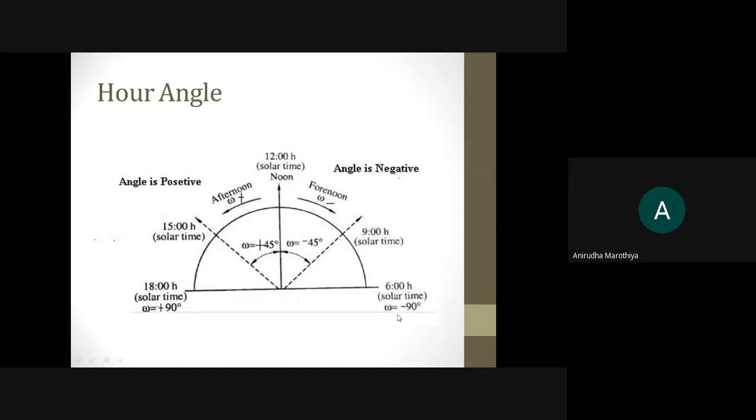And here for each instant, or you can say the position of sun with respect to earth, I have indicated the value of omega. Actually this omega is nothing but your hour angle.